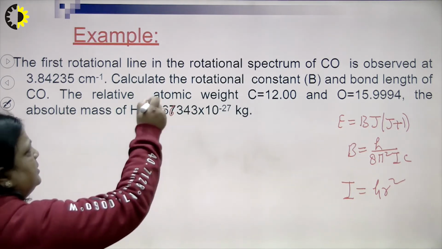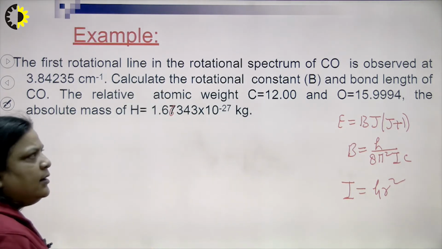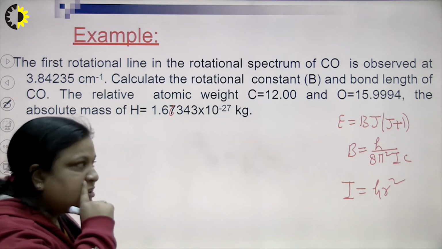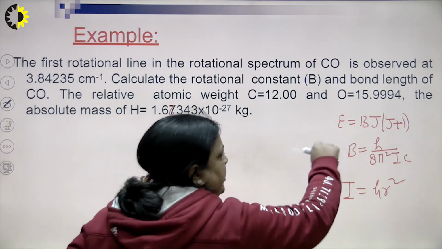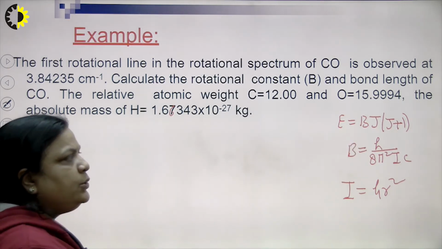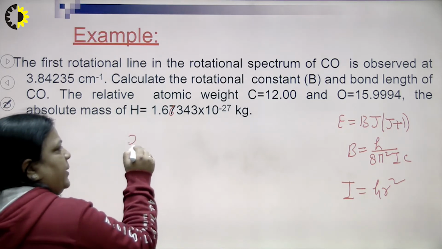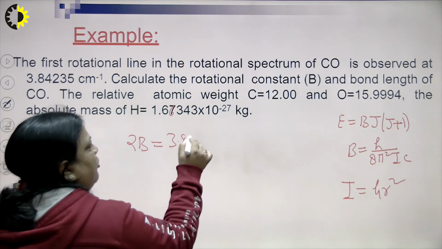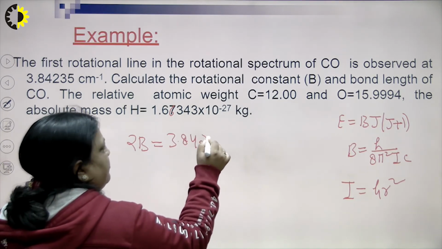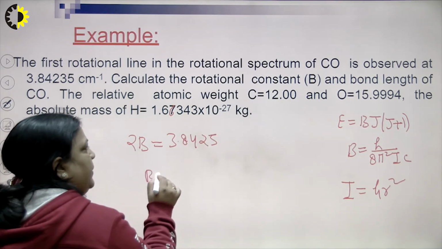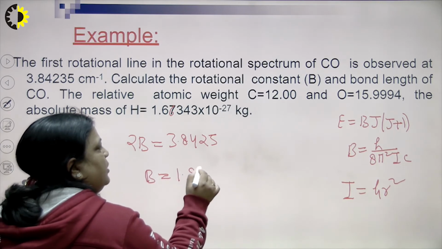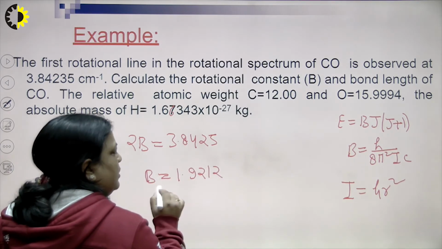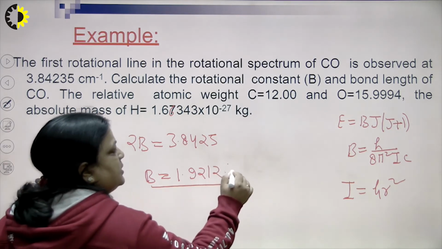The first rotational line that is observed means when we put the value of J as 0, it becomes 2B. So, here 2B is given, which is equal to 3.84235. It means B will be 1.9212 centimeter inverse.